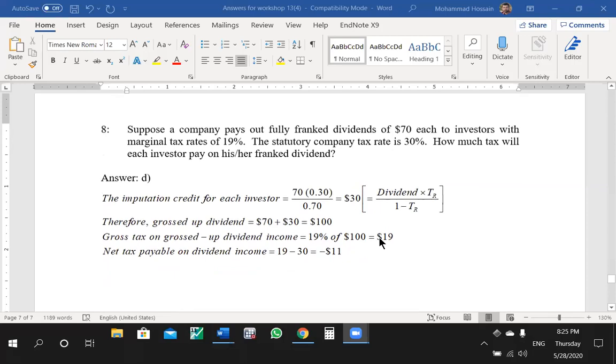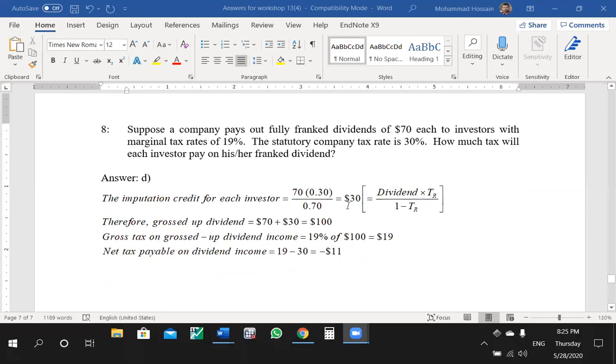Okay, and this is the last one. Suppose a company pays out a fully franked dividend of $70 each to investors with a marginal tax rate of 19%. The statutory corporate tax is 30%. How much tax will each investor pay on his or her franked dividend? The formula here is dividend times TR divided by 1 minus TR. That's how you calculate your imputation credit, which is $30.